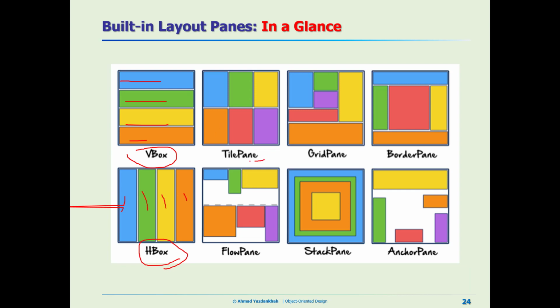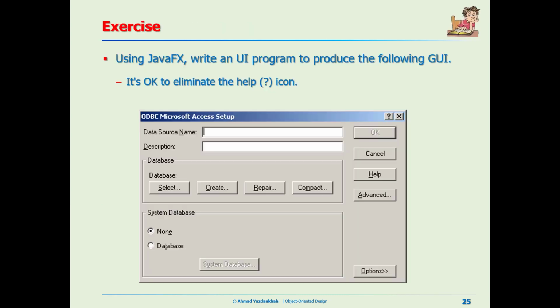You can go over all of these: tile pane, grid pane, and in this grid pane you see that we can span the node over the rows and over the columns. This is our border pane that we just learned, and flow pane, stack pane, and anchor pane. Here I put an exercise for you guys. By using whatever you learned so far, try to create this GUI.